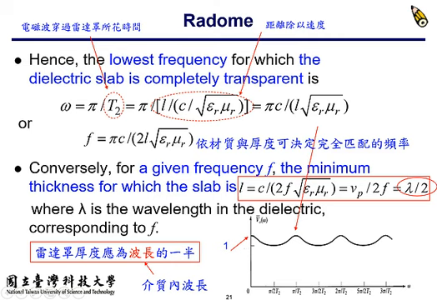So we know that the equation is subject to the change in the frequency omega, so the lowest frequency for which the dielectric slab is completely transparent is at this frequency.